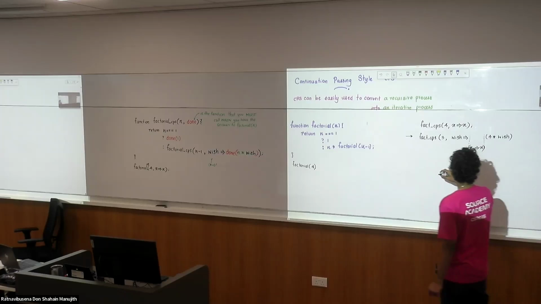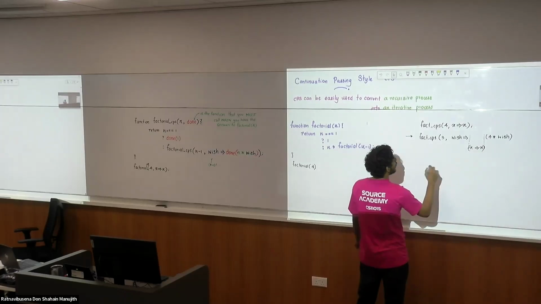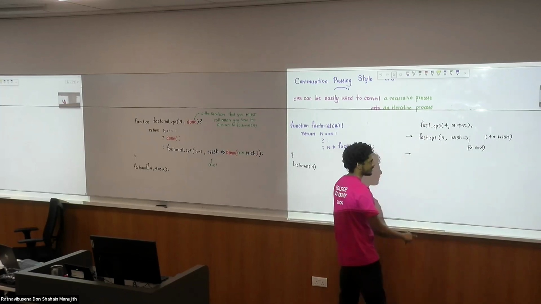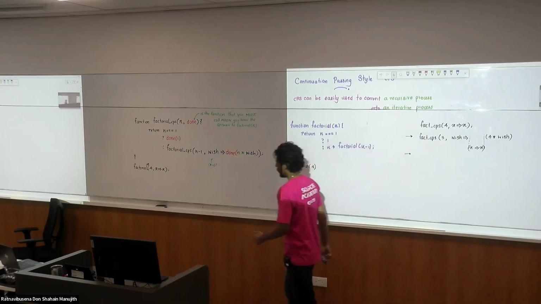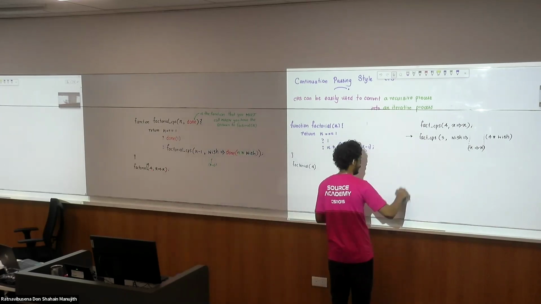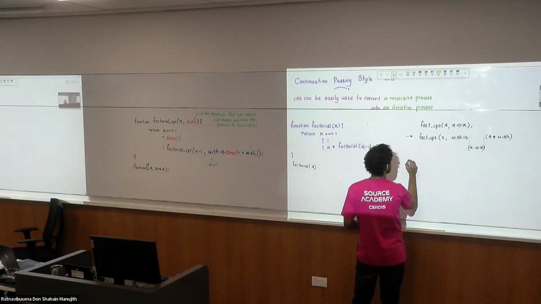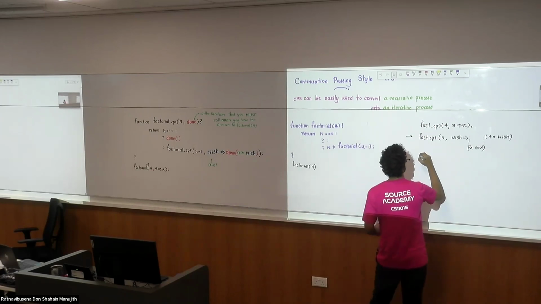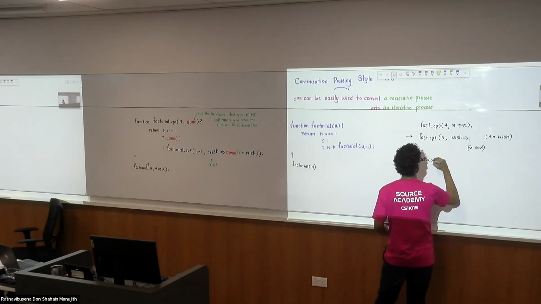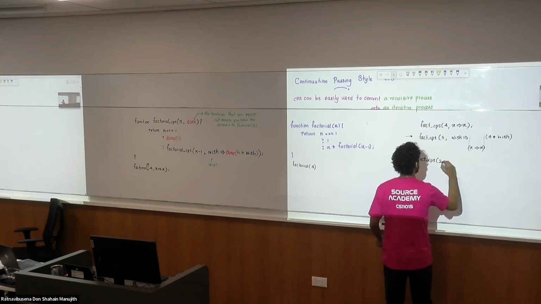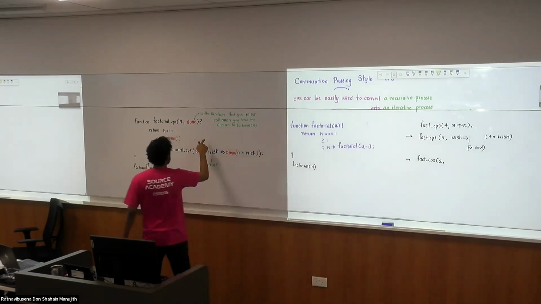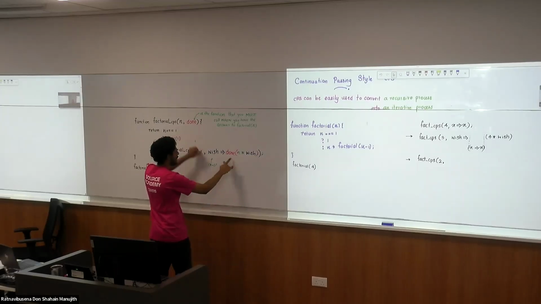Okay, so now we go to the next step. The next step would be fact CPS 3. Is it the base case? No. So we go here and we have fact CPS. What should I call it with? 2. Now this is my done function. That done function comes here, but I need to put this wish outside of it.